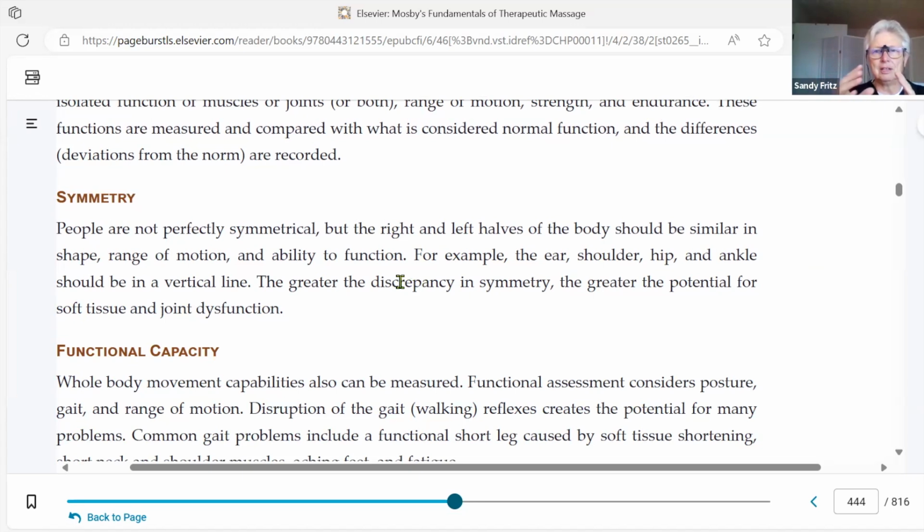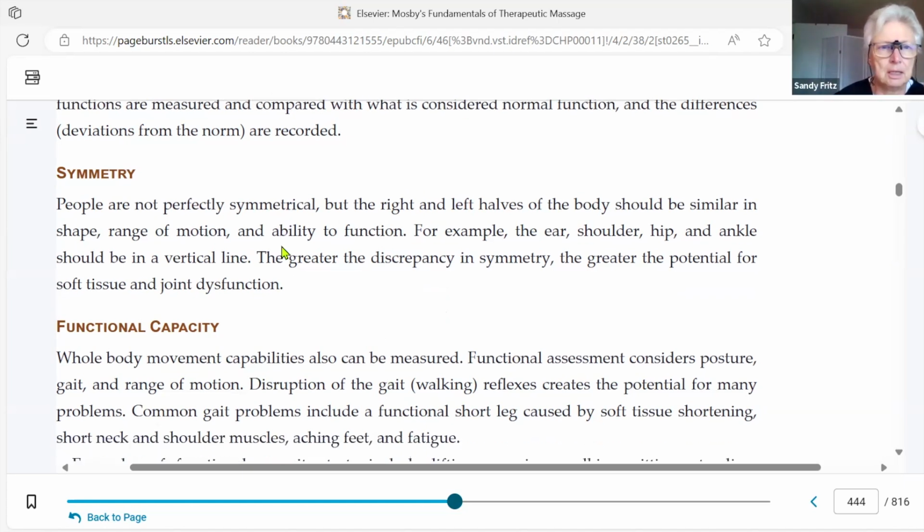And we're starting to realize that it's not as important, and lots of times it is not problematic if there's a lack of symmetry. But it doesn't mean we don't look for it. We look to see what is the continuity between left and right side, or front and back, or a joint movement from left to right.